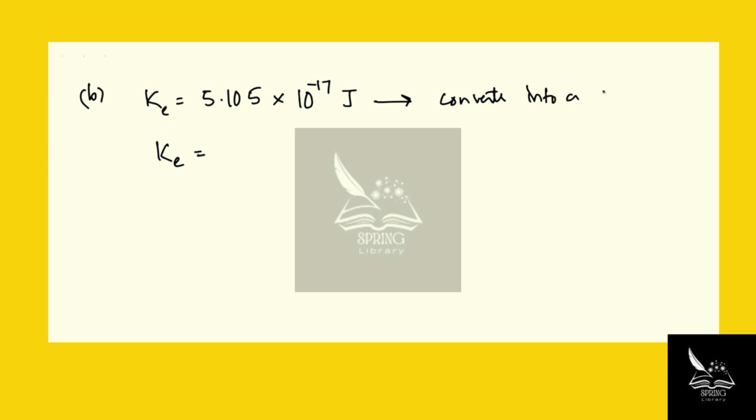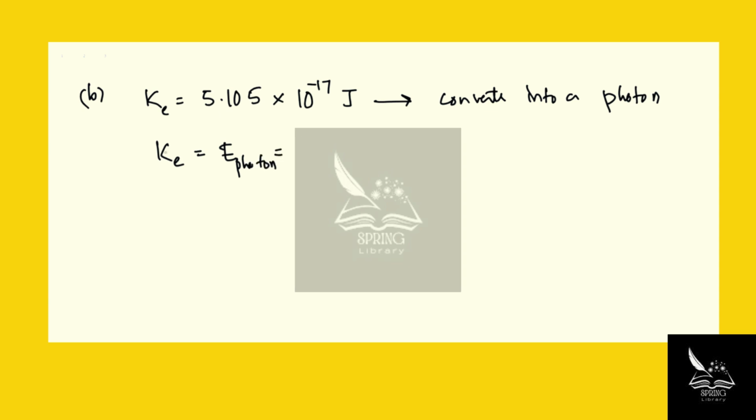Now in the second part of the problem, we need to find the wavelength of the photon. We already found the kinetic energy of the electron, which comes from the energy of the original photon, and this energy gets converted into a photon.